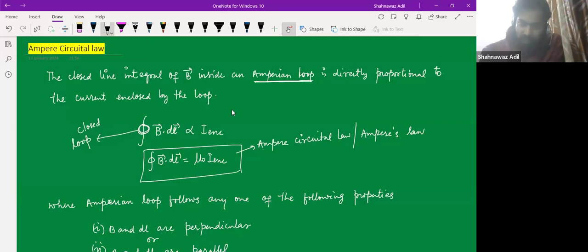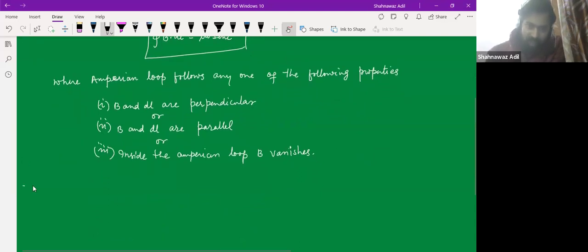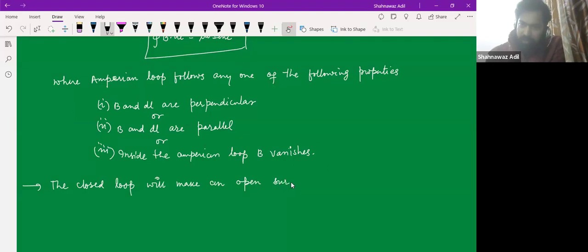Let me also talk about this closed loop. So the closed line will make an open surface, right?